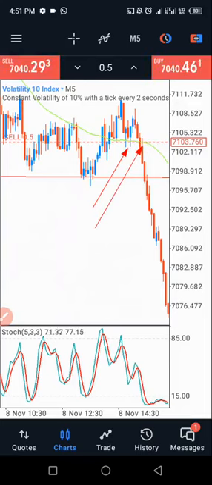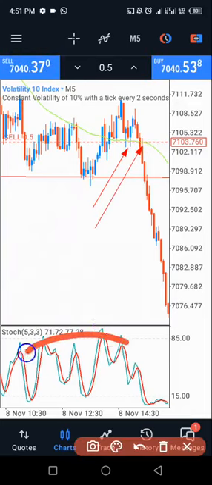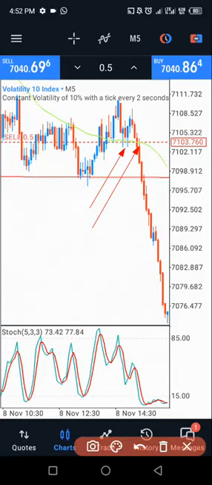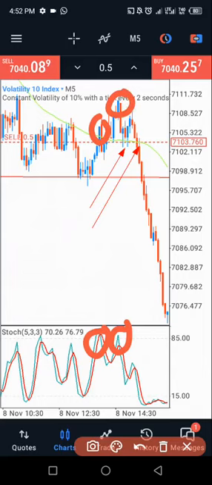So if you go to the stochastic indicator here, you will notice that this high here represents this high here, this one here represents this one here, and then this one here represents this one here.